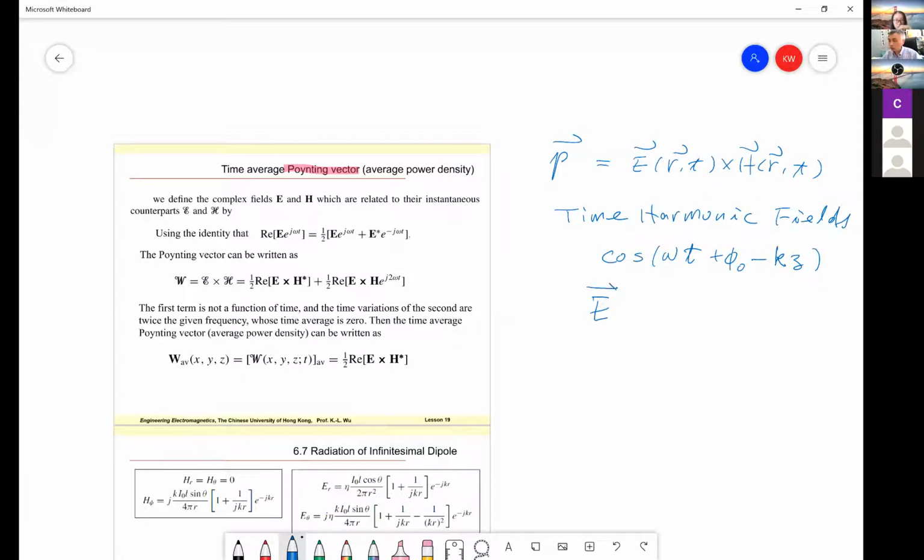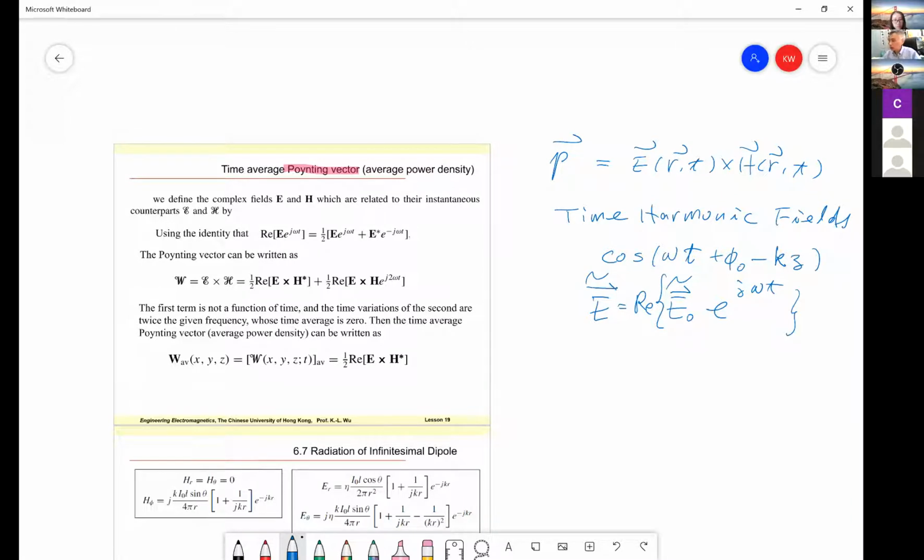A phasor is a vector, and the phasor is complex. It has a magnitude and a polarization direction, and it changes with time. Then I take the real part of it.